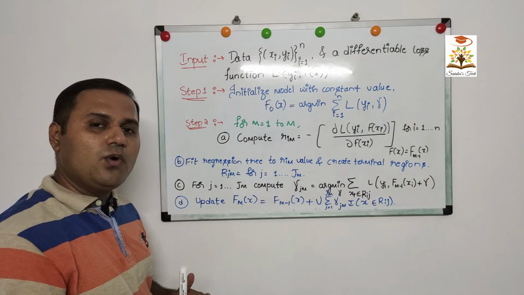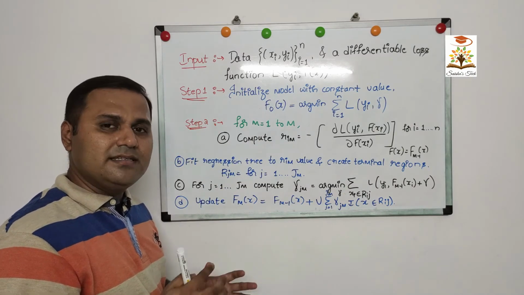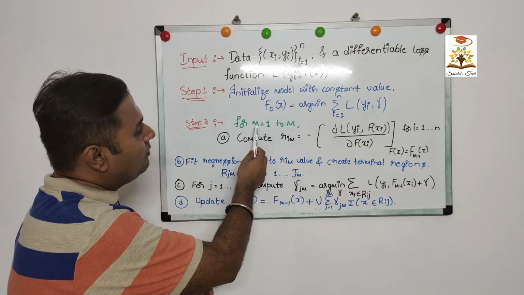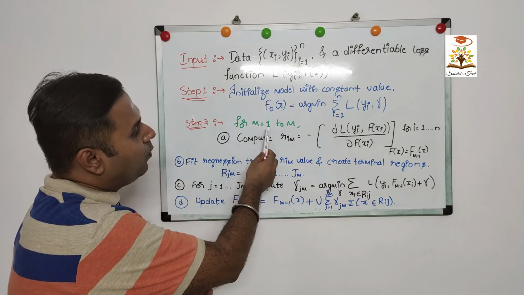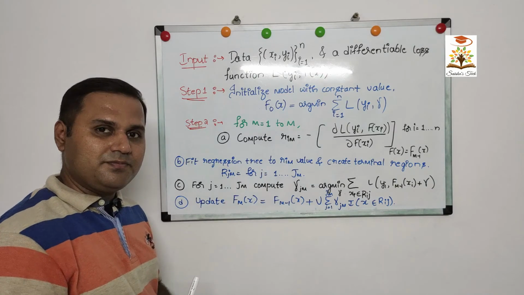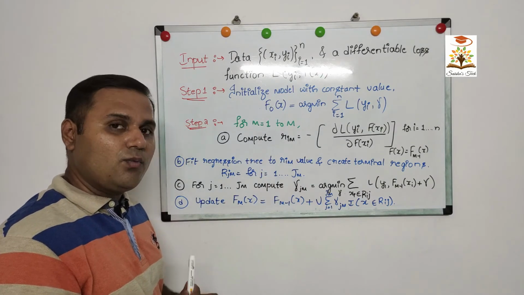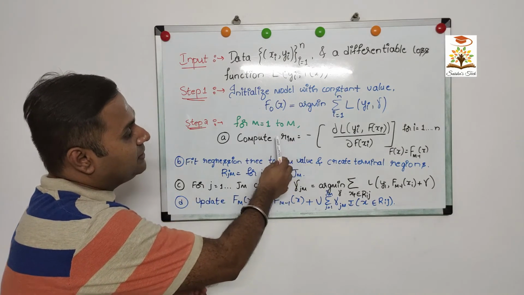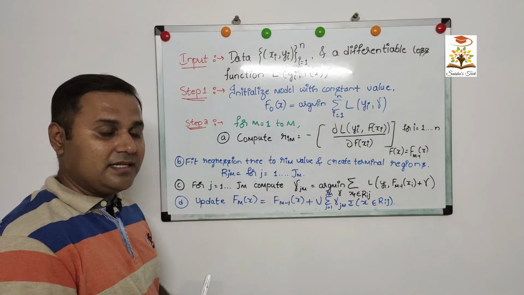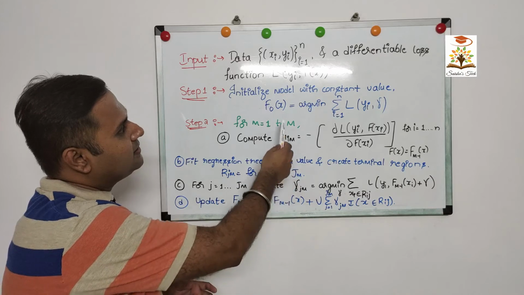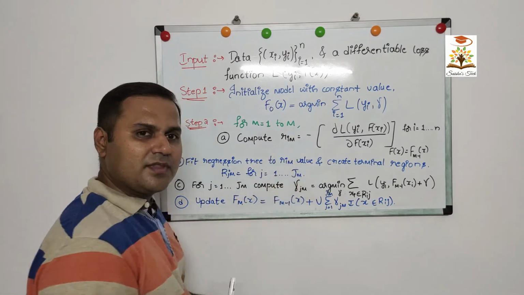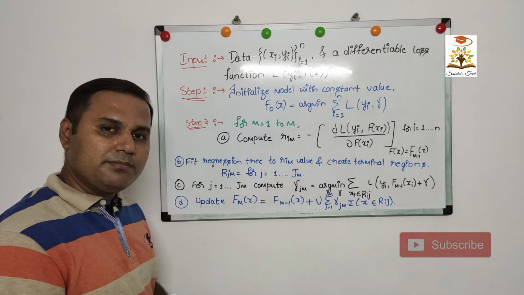Thereafter, we go into an iterative mode. This iterative mode consists of the models from 1 to M. In this, we compute the residual values, using our previously initialized model value. Now, what does the residual value represent?